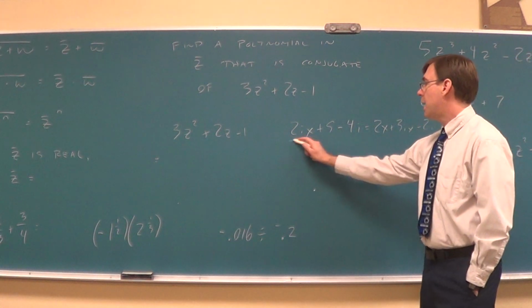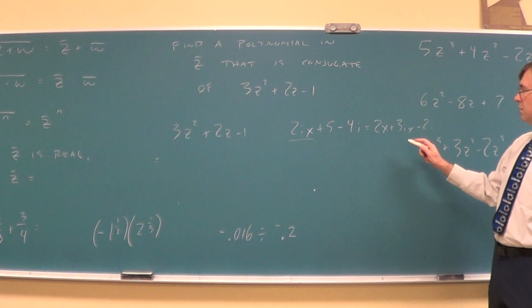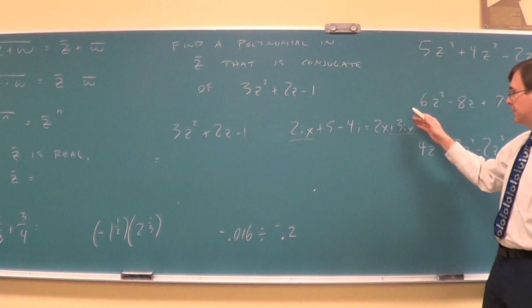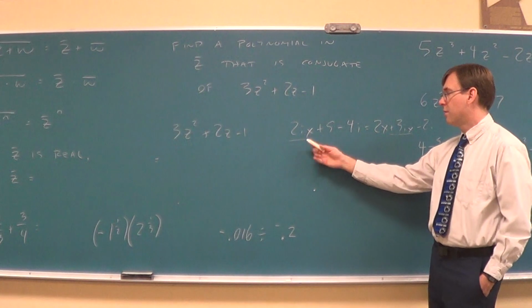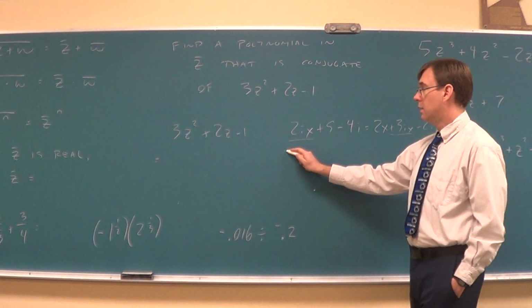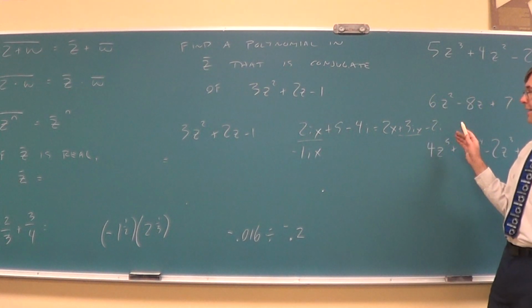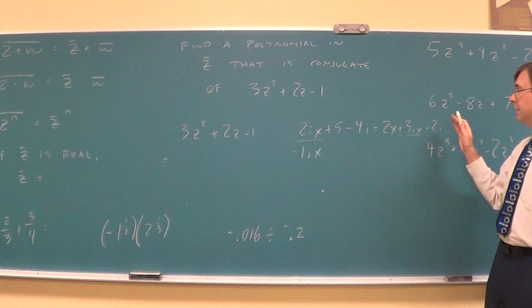So 2ix, does it have any friends to change it? 3ix. If we get that positive, subtract it over there, I'd get negative 1ix. Negative 1ix. I thought we were wrong. Okay, we'll keep going, just that might help somebody.